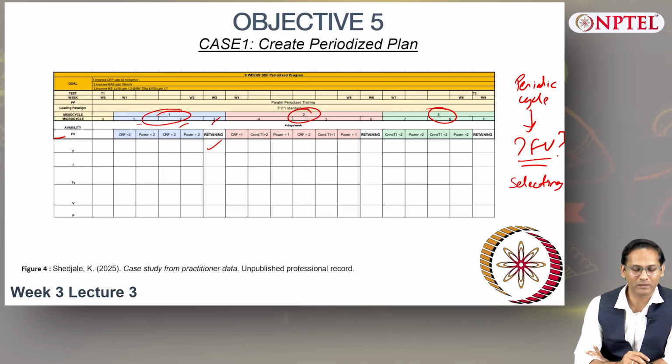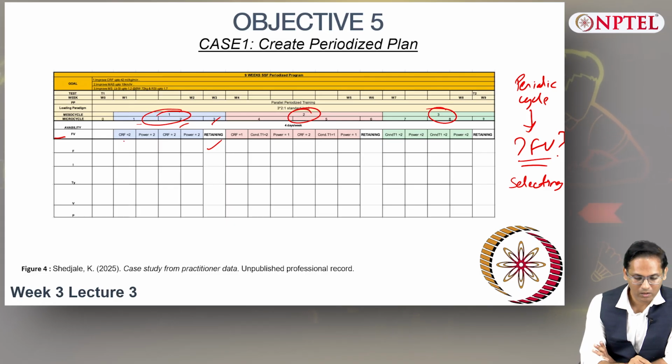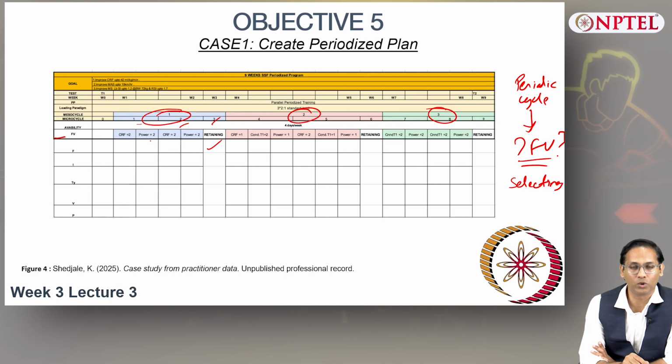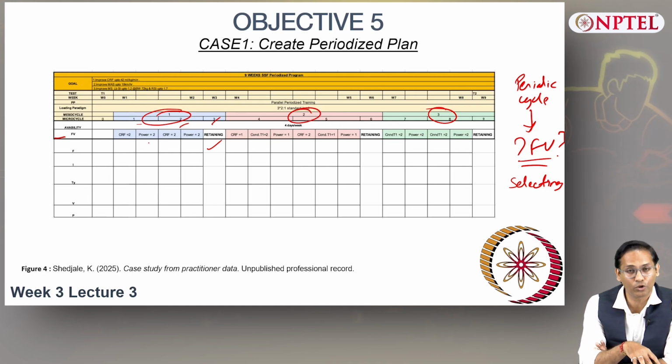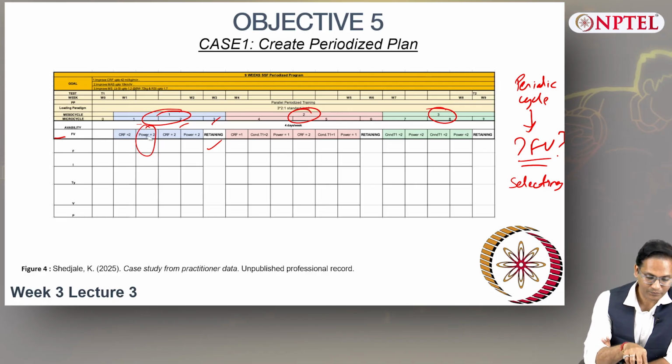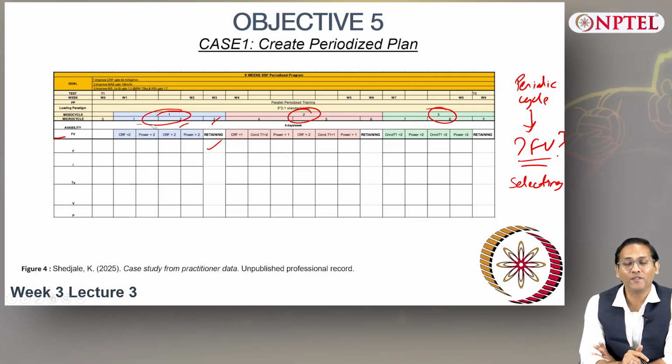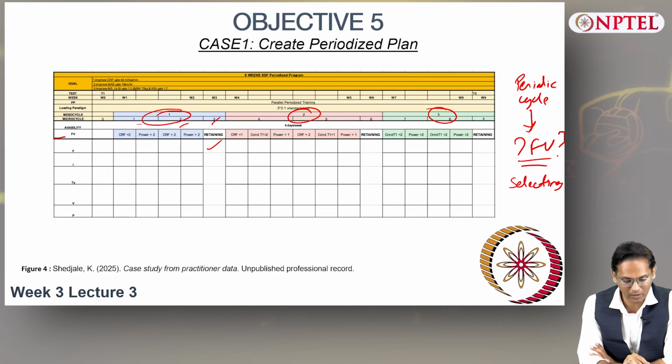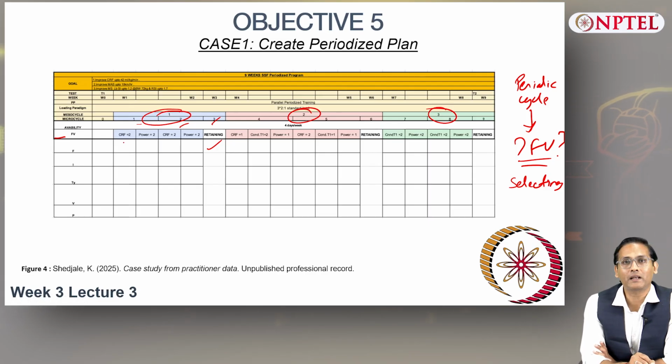In week 1, in mesocycle 1, cardio training and power training has been done. So, I will emphasize only on cardio training and we will not be discussing the power training. So, in the entire first mesocycle, aerobic capacity is being trained.